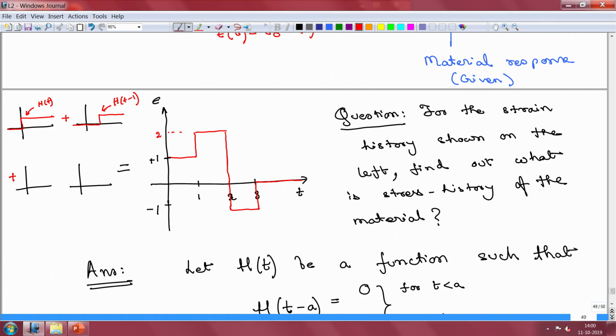Now, if you add these two, at t equal to 1 you will have a function which attains a value of 2 and then stays at 2 forever. But at t equal to 2, this function is going to achieve a value of minus 1. So, here actually instead of a plus, this should be a minus, and this is actually 3 times h(t minus 2).